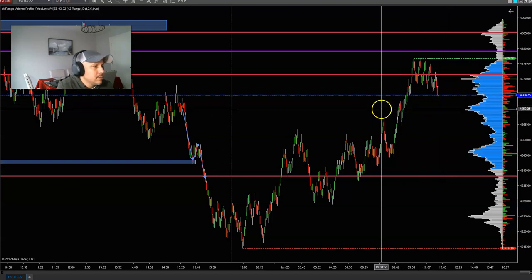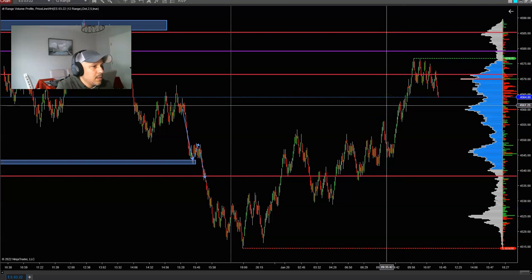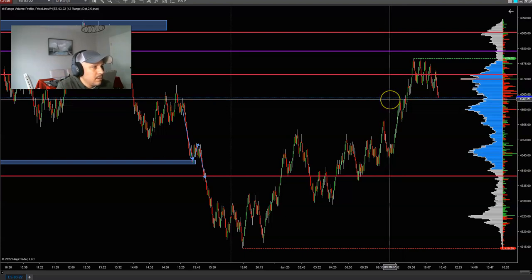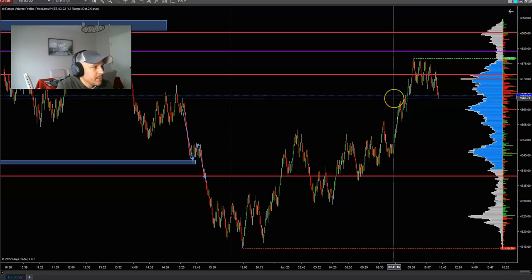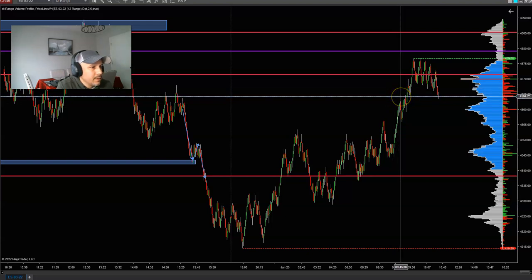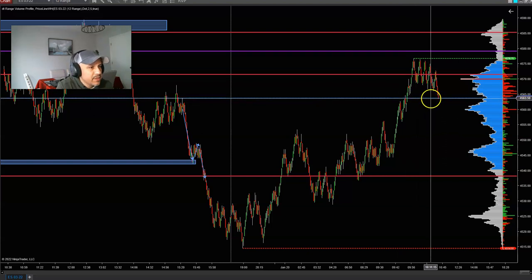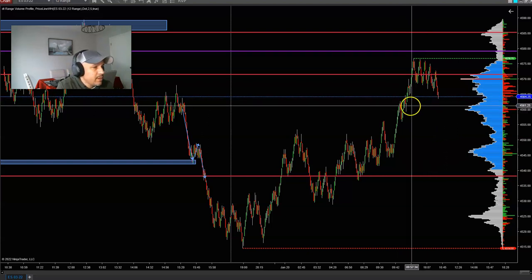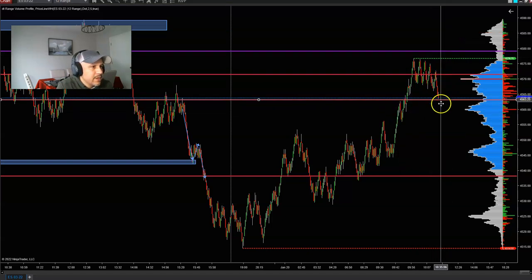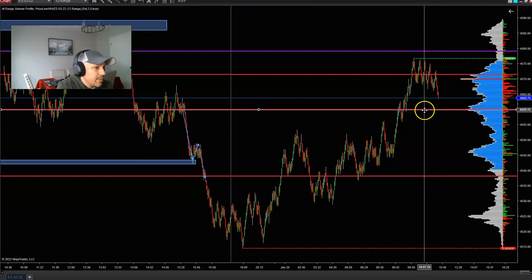Let's see. Be careful because it can bounce right here, and it may come on down here. Now this area right here is actually an area that I'd be interested in.